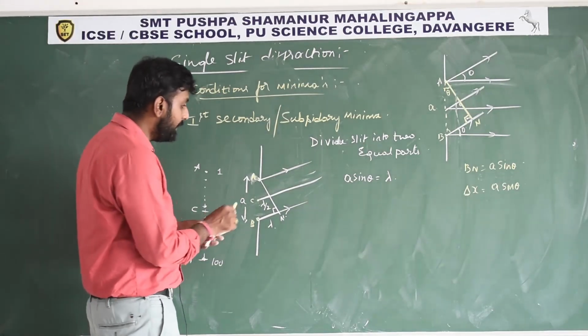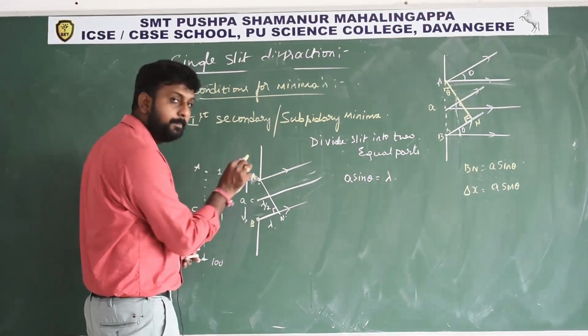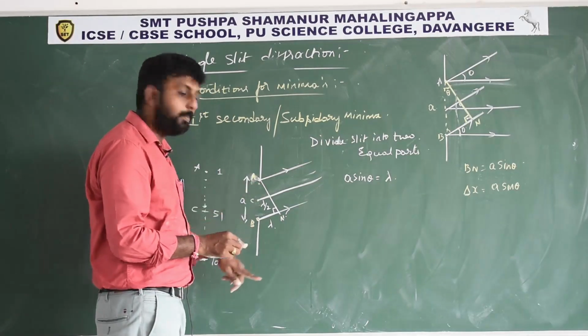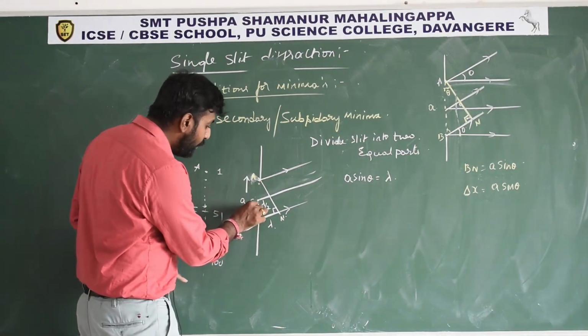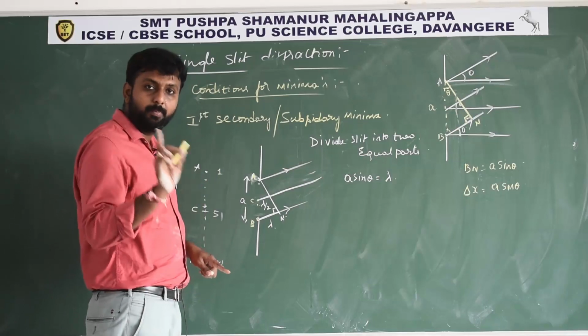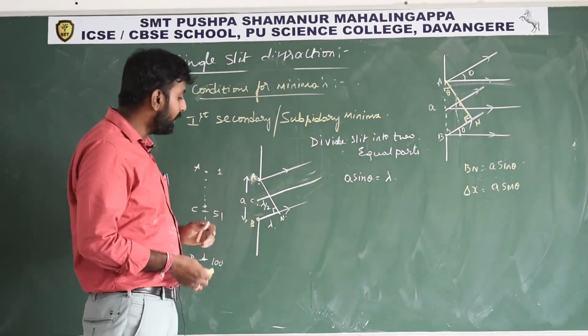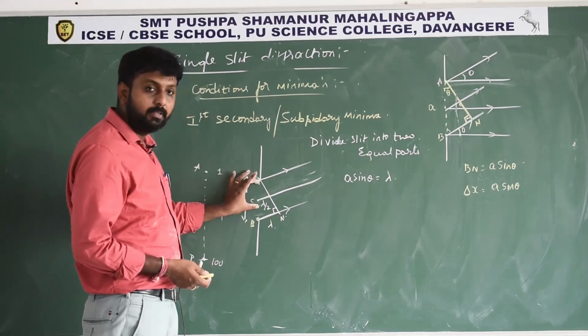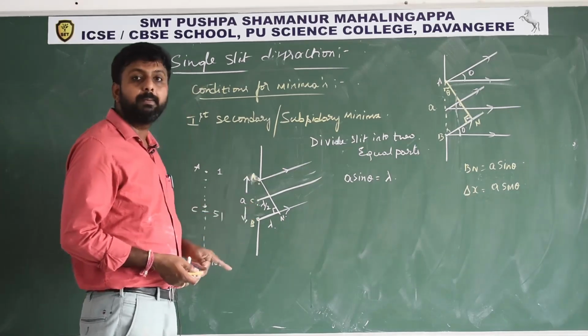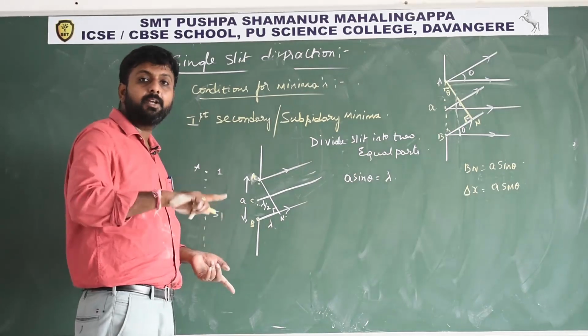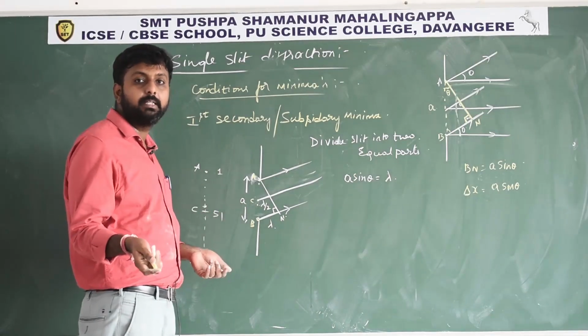That means for a point in the upper half, you will get a corresponding point in the lower half. Between these two points, the path difference becomes lambda by 2. And we have studied constructive and destructive conditions.